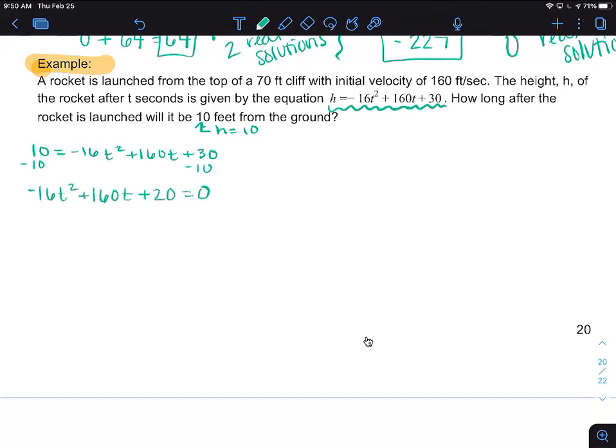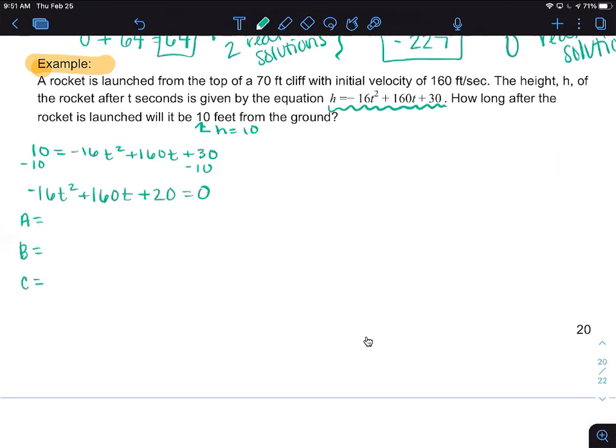Okay. So you could potentially factor this. But these are larger numbers. We could pull out a GCF. But let's just keep everything the way it is. The nice thing about the quadratic formula is it will always work on any quadratic, even if it's not factorable. So first step, we want to figure out what A equals, what B equals, and what C equals.